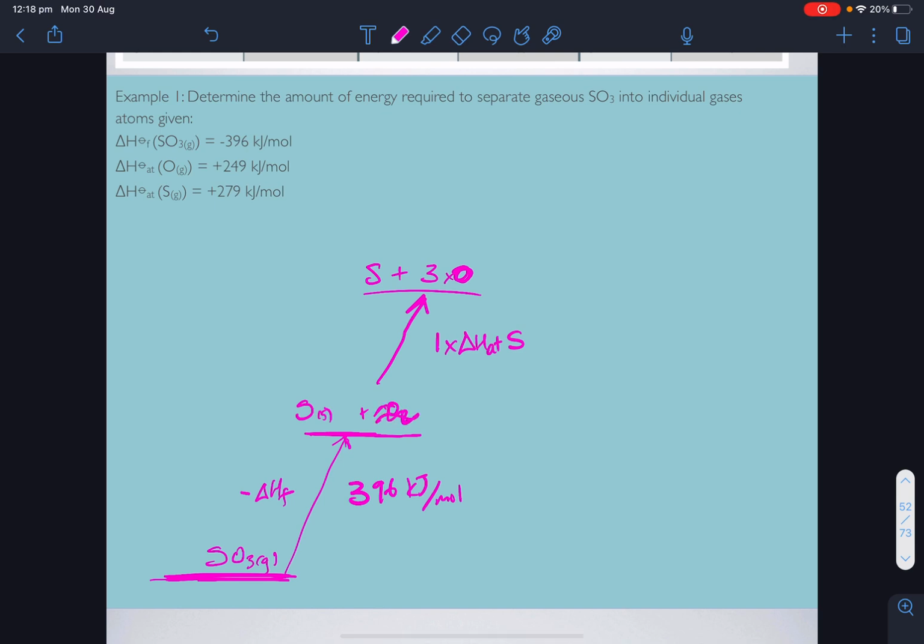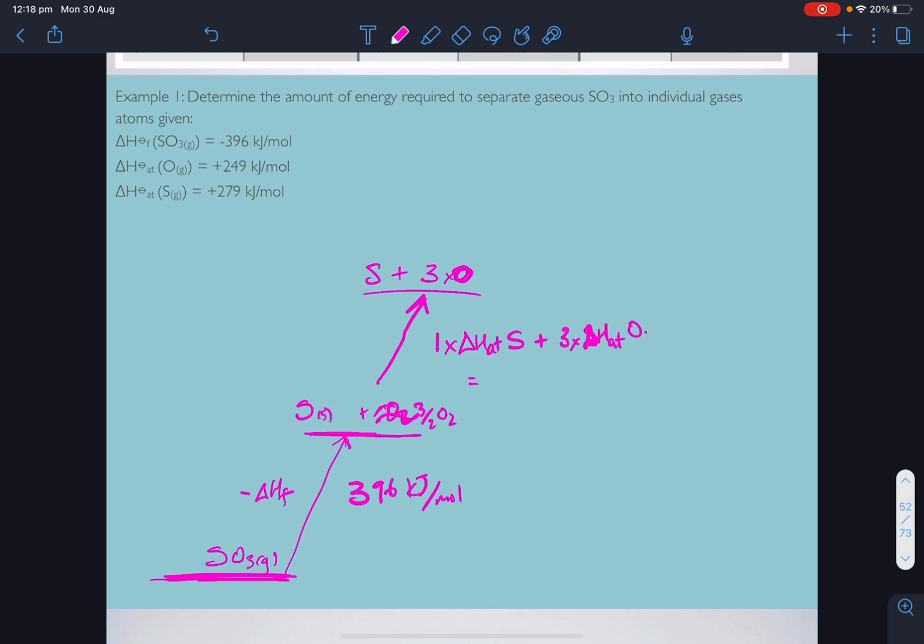I know I've got O2 there, but should I say that it's 3 halves of O2? That's better. Okay, plus 3 times the heat of atomization of oxygen. Okay, is 249. Or I'm not writing the values yet. Heat of atomization of oxygen.